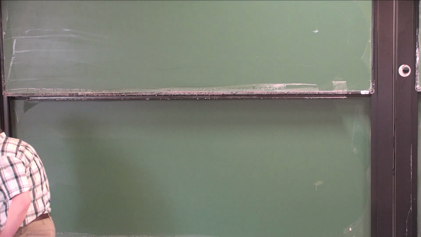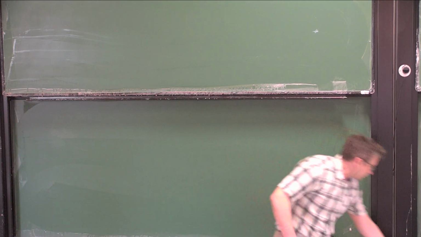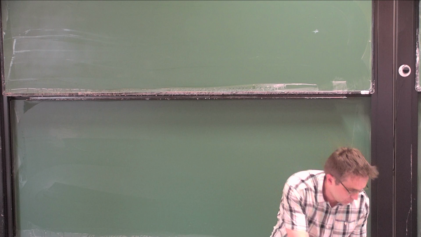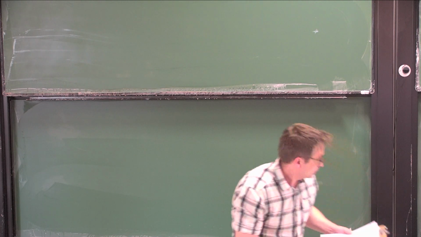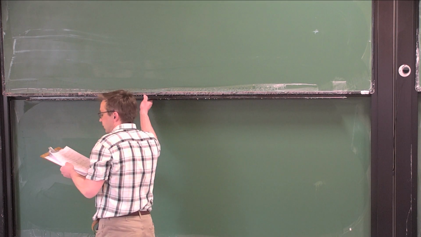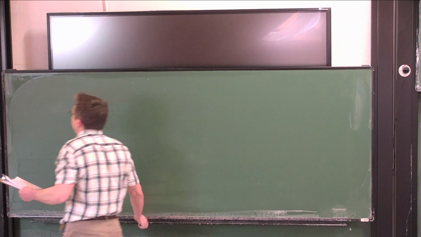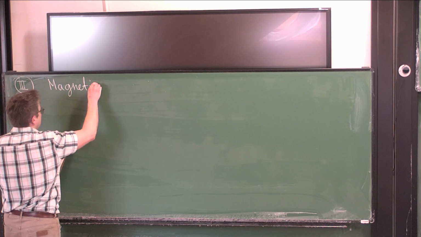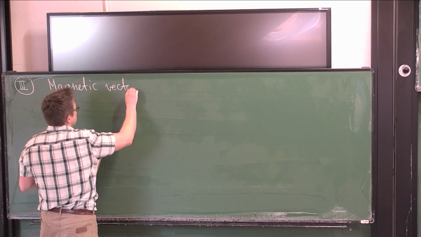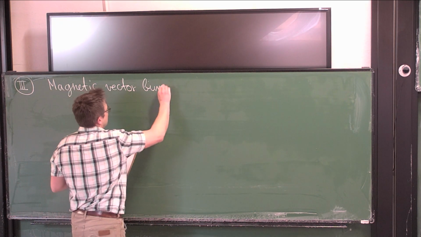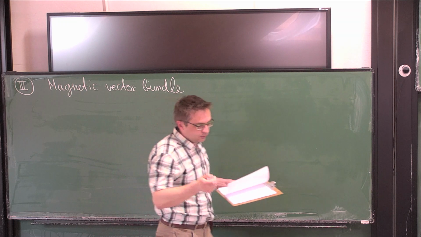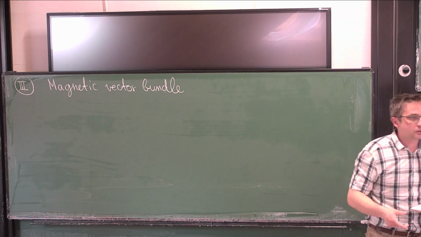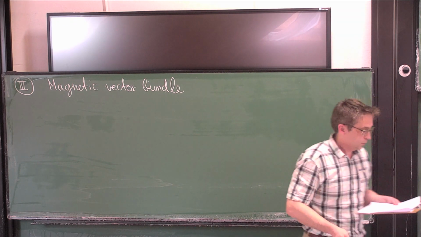All right, so now I would like to speak about the result. The result is about properties of the so-called magnetic vector bundle. The variant of that was also the point of Dima's talk before.